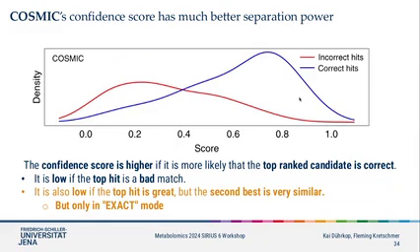And if you just look at this score, you see that the distribution of correct hits is much higher in the high region between 0.6 and 1.0 compared to the incorrect hits. So it's much better than before. You can now sort all your data by this COSMIC confidence score, and the hits with the highest score are then the most likely hits in your result list which are correct.